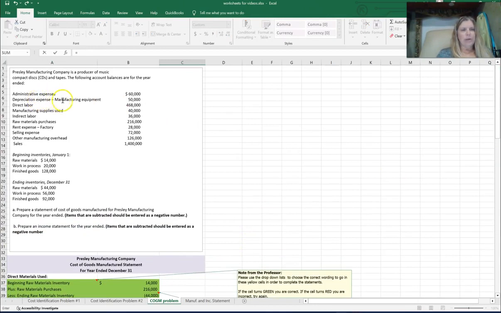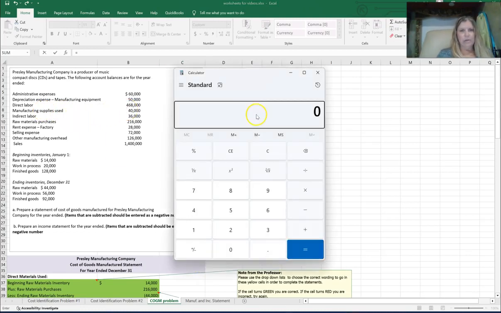Okay, depreciation expense for the manufacturing equipment. That would be an overhead cost, and that's $50,000. Manufacturing supplies used, that's 40,000, so up to 90,000 now. Let me just pull my calculator up. So 50 plus 40.